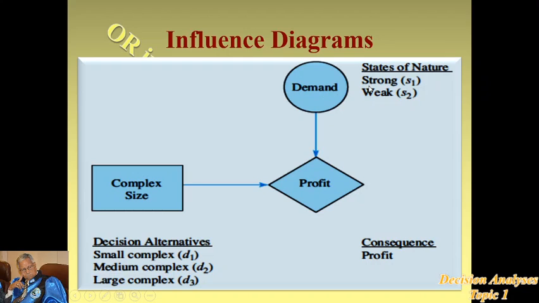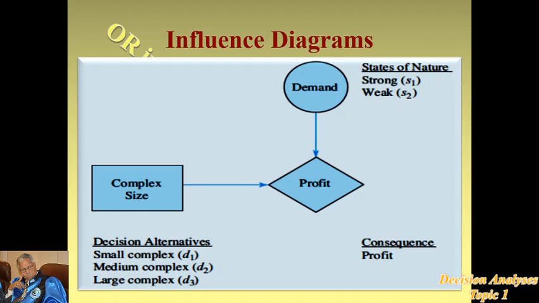The combination of D1 with S1 will lead to a certain amount of profit. The combination of D1 with S2 will lead to another amount of profit. The combination of D2 with S1 will lead to a certain amount of profit.